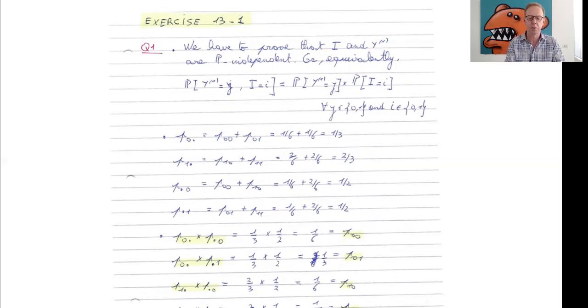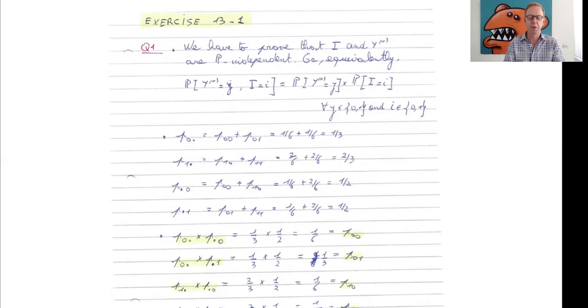Or we have to prove that the probability that Y1 takes the value y and I takes the value i is equal to the product of the partial probabilities. And this must hold for all possible outcomes y and i. Now, we know the probabilities under the measure P. So we first calculate the marginal probabilities. P0 dot is the probability that the stock has value 0.